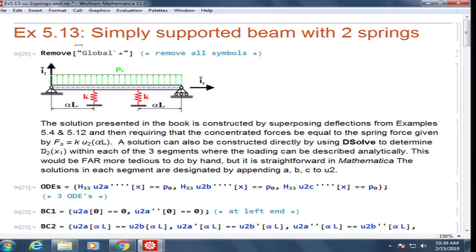Then let's talk about slope. It should be continuous, right? There is no restriction on slope. So we don't have a boundary, but we have continuity. Then we talk about moments. So H33, well, not needed because it's the same on both sides.